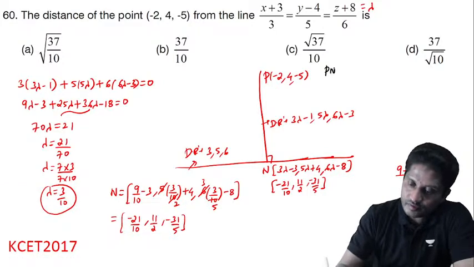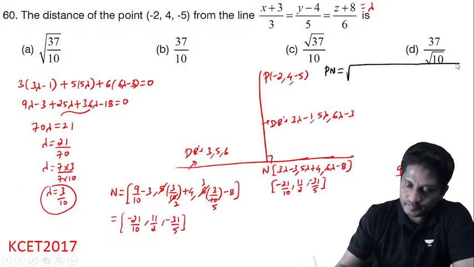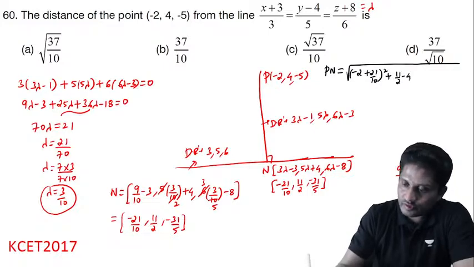The distance is root of, using the distance formula now, minus 2 plus 21 by 10 the whole square, plus 11 by 2 minus 4 the whole square, plus minus 31 by 5 minus of minus 5, the whole square.